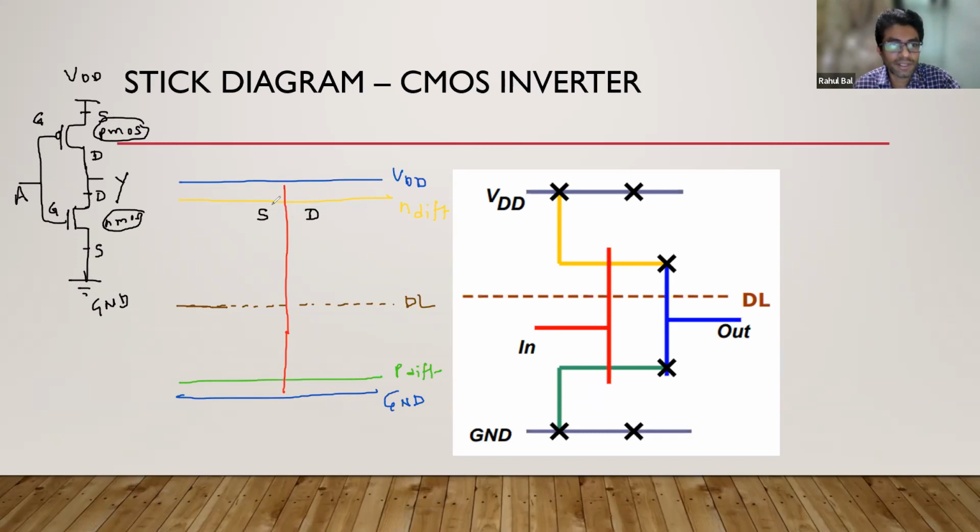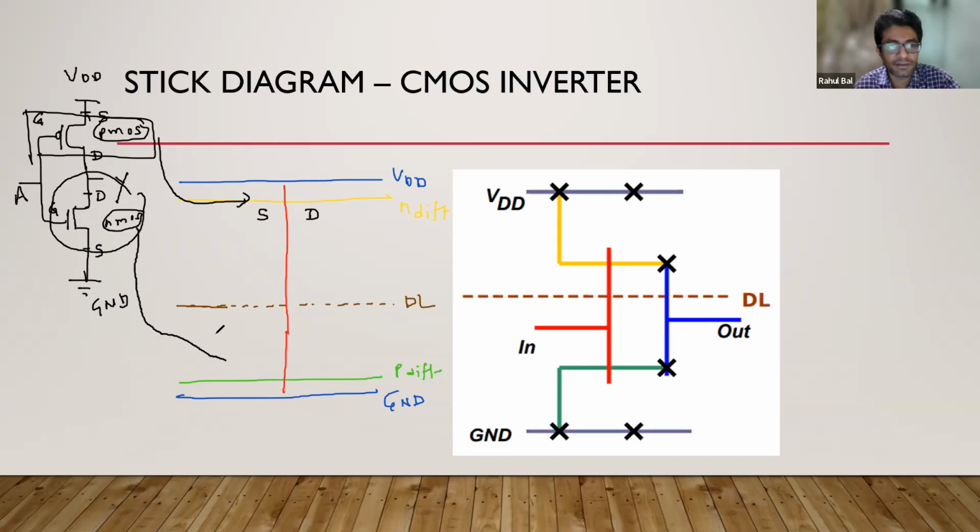So source is connected to VDD, source of this PMOS. So this transistor is getting represented by this one. And this transistor is getting represented by this connection.